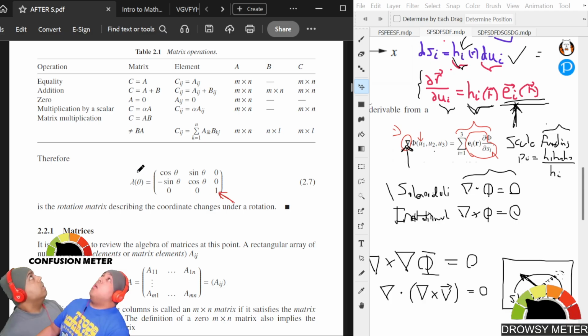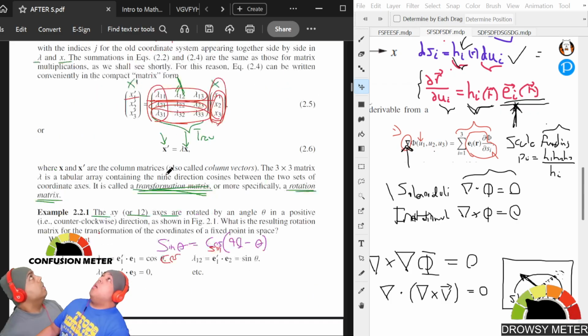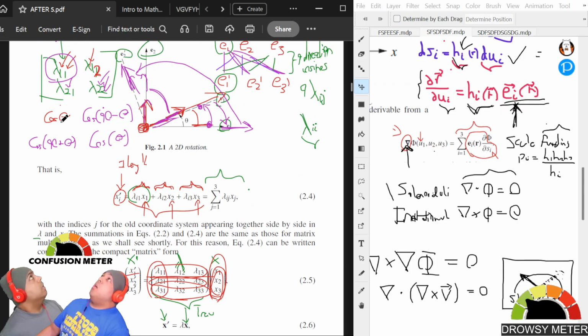Okay. Lambda theta equals cos theta, sine, minus sine, cos theta. Minus sine theta equals cos 90 plus theta.